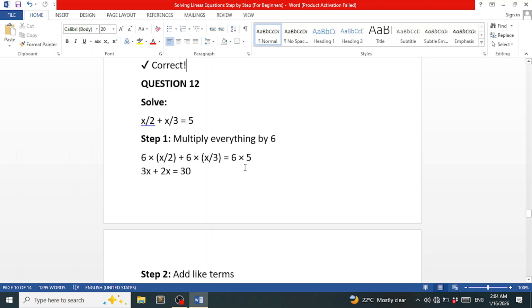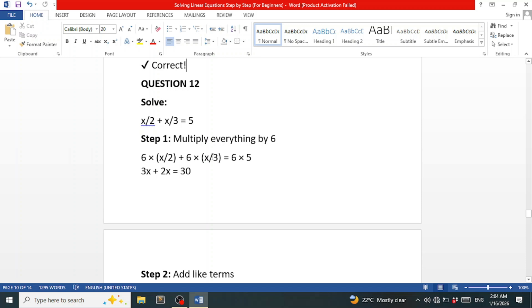So what I'm gonna do here, we deal with the brackets first, and in such problems, we deal with them from left going to right. So 6 divided by 2, we're gonna have 3, 3 times x, because it is in the bracket, we're gonna have 3x plus 6 times x over 3.